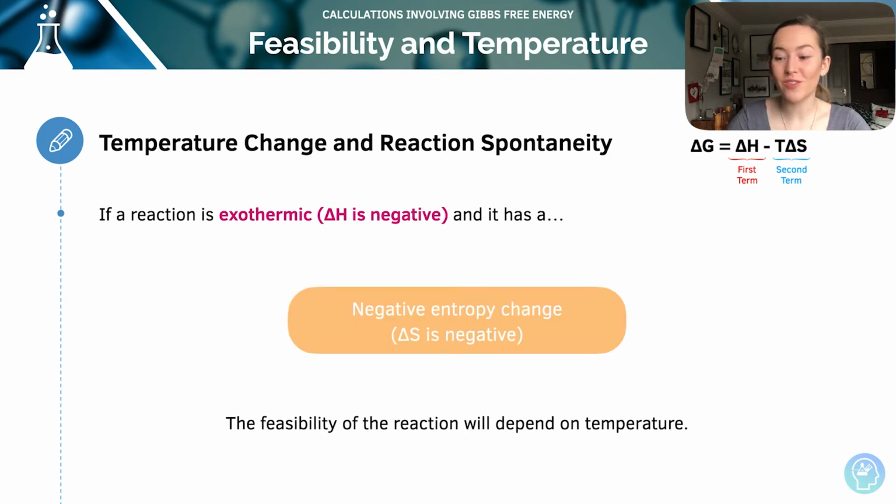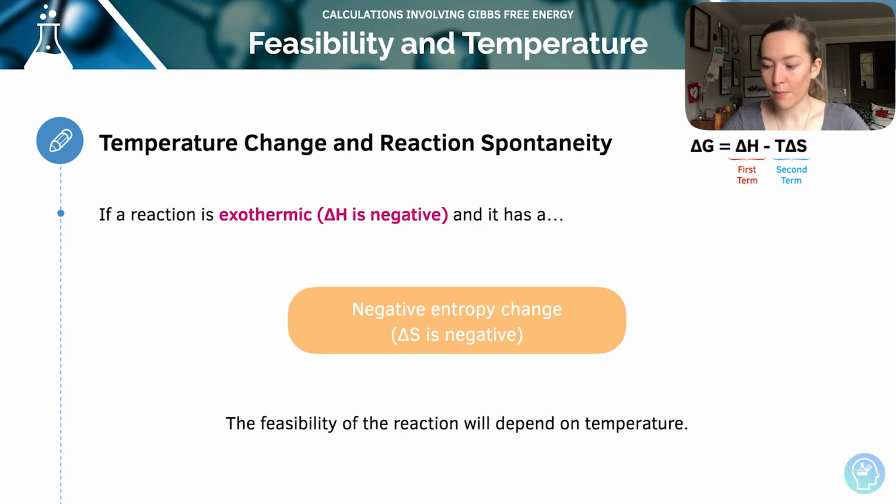But if we've got a negative first value, so our enthalpy change is negative, and our entropy change is negative as well, remember a negative sign minus a minus means it's actually going to turn this into a plus effectively. So the feasibility of the reaction will really depend on temperature, because we could absolutely be getting a positive Gibbs free energy value coming out of this.